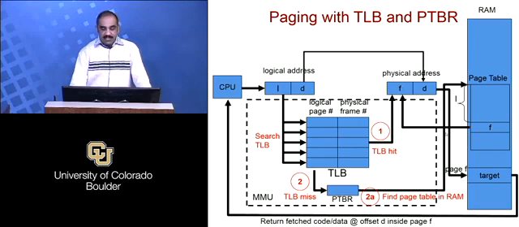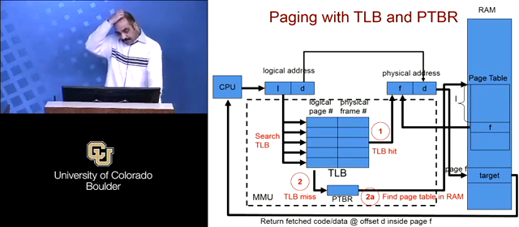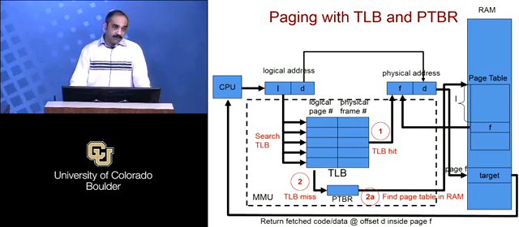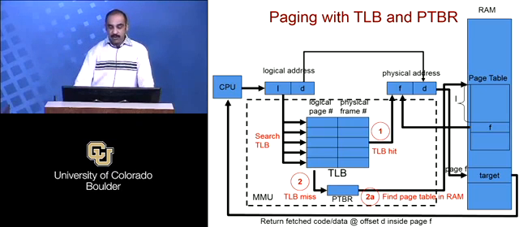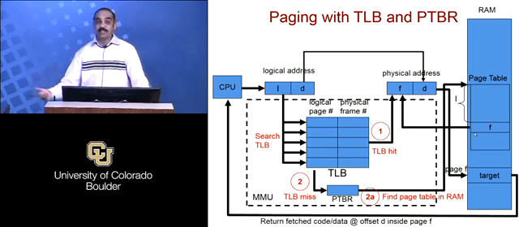Now, we'll talk about this more, but there is a principle of locality of reference. It says that if you accessed a page recently, there is a very high likelihood that you will access that page again. So if you accessed this page, which caused this miss, it's very likely you are going to access it again.